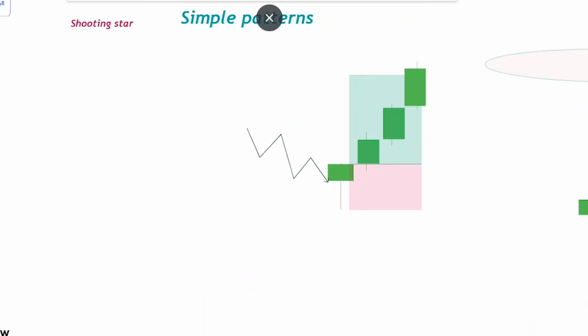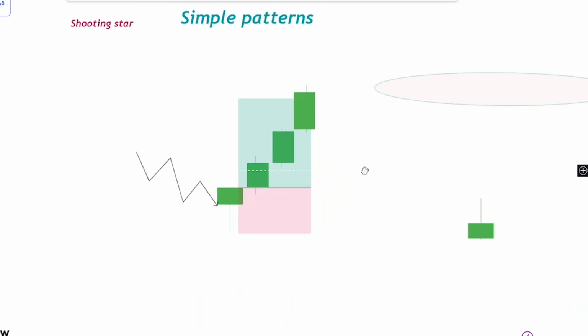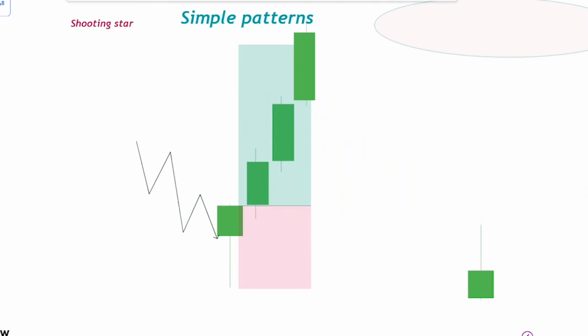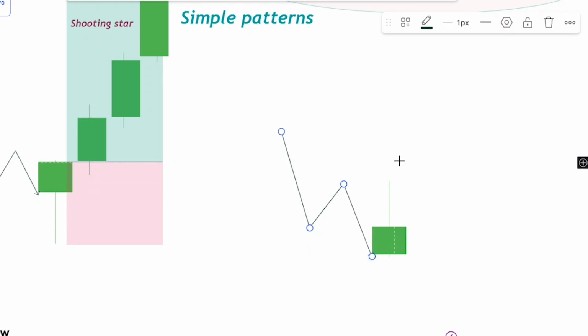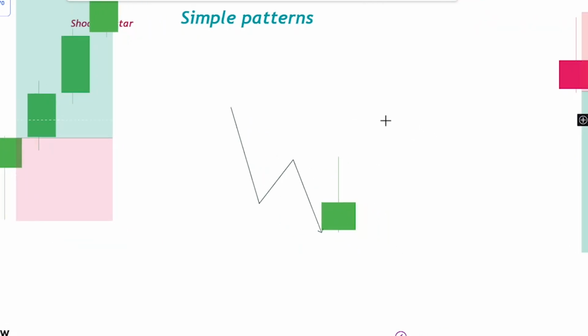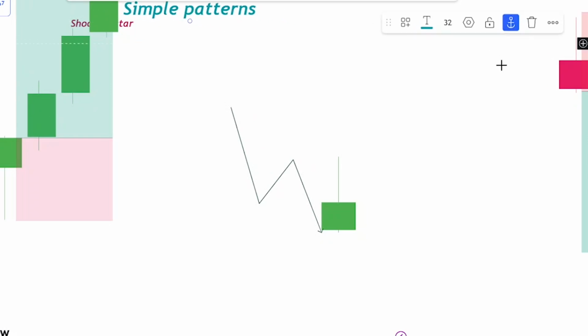From a hammer, we have another candlestick which has a small body on the low, which means that the market will be moving down, and from the downside, we will see the formation of an inverted hammer, where we are going to be expecting the buyers to take the market upside.